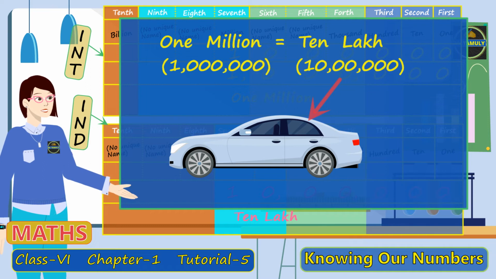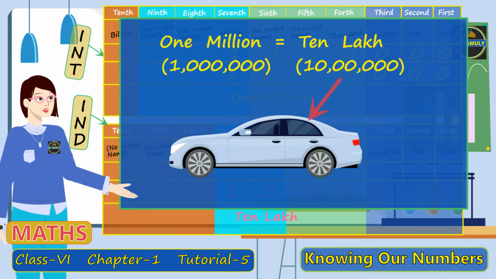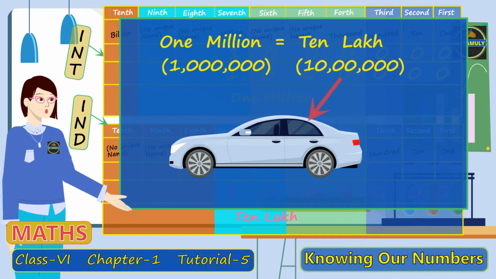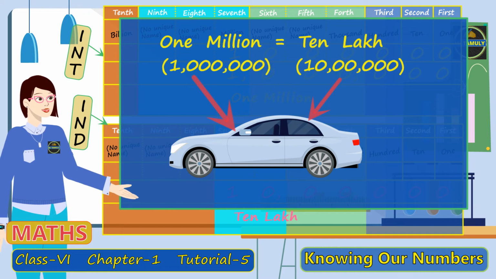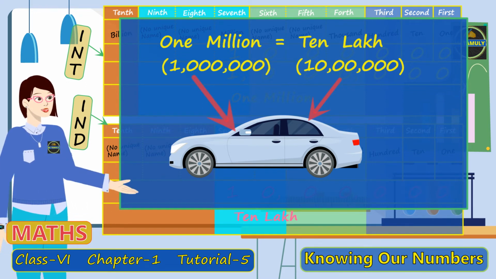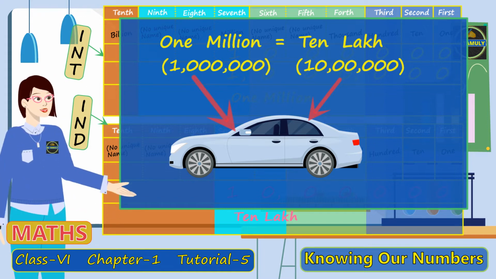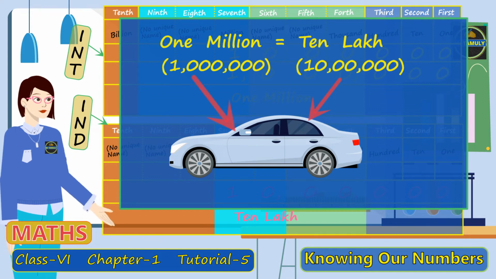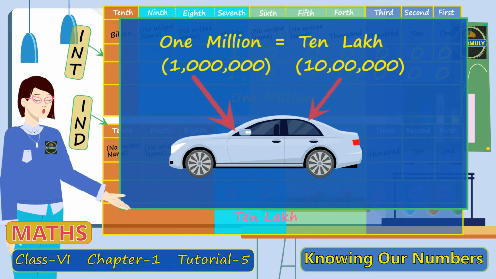But, if I am speaking to a European friend, I would say, cost of a decent sedan car in India is 1 million rupees. That means, rupees 10 lakh is actually the same amount of money as rupees 1 million. So the best way to remember this equivalence, 1 million is equal to 10 lakh, is to relate the value to a brand new sedan car.